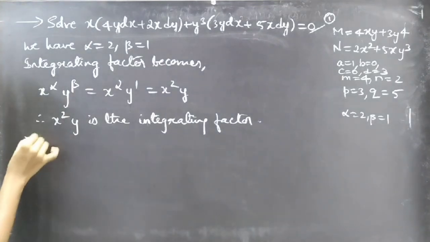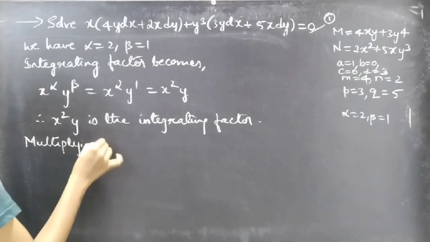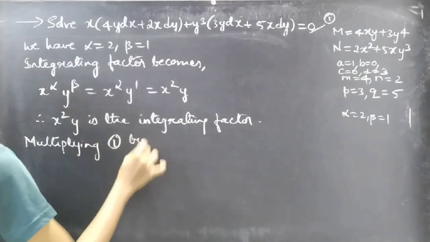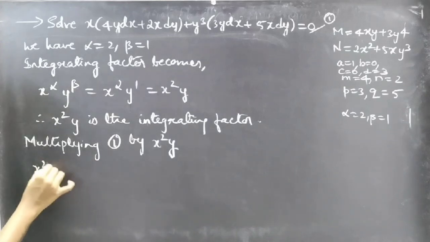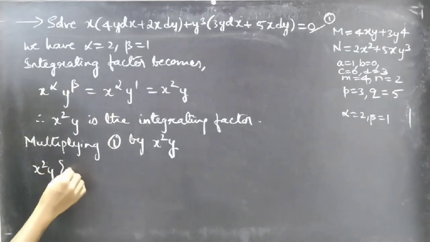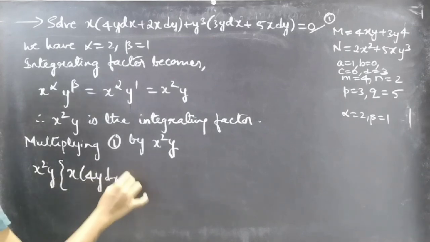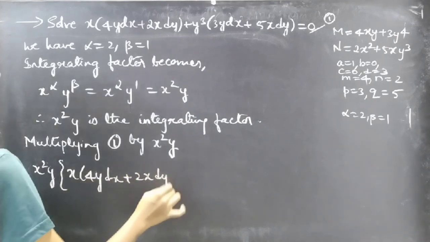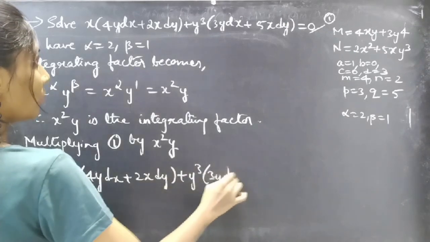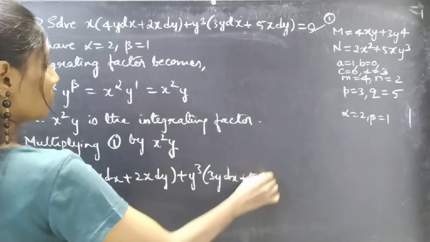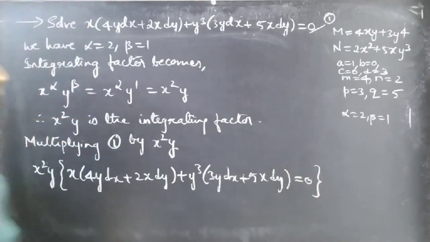Now multiplying the given equation by the integrating factor x square into y gives x square into y into the given equation, x times (4y dx plus 2x dy) plus y cube into (3y dx plus 5x dy) equal to 0.